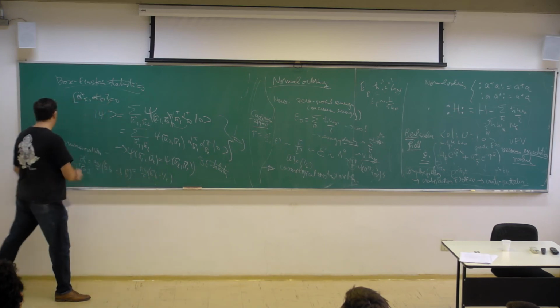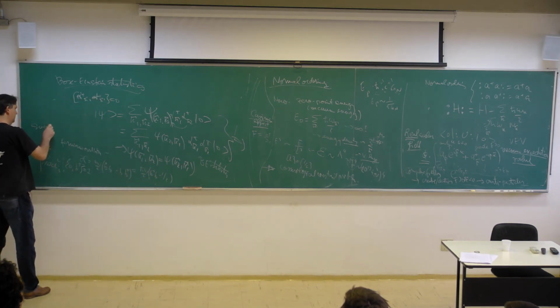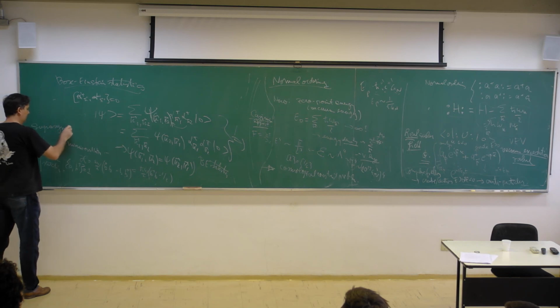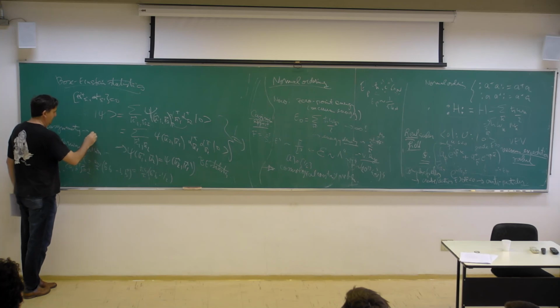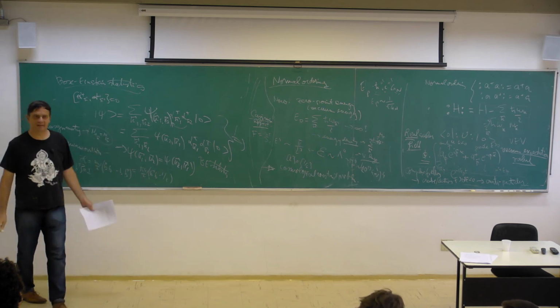That is called supersymmetry, by the way. So n a_k is equal to n b_k, let's say. So that seems to solve it.